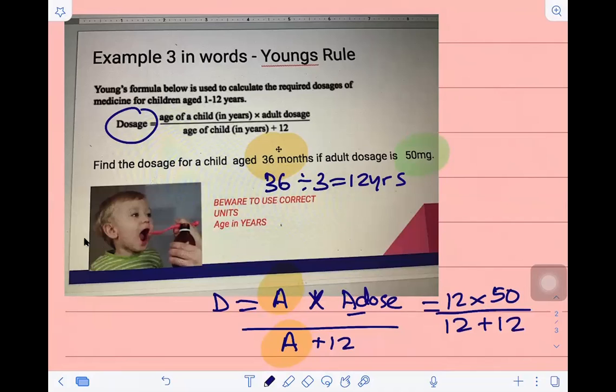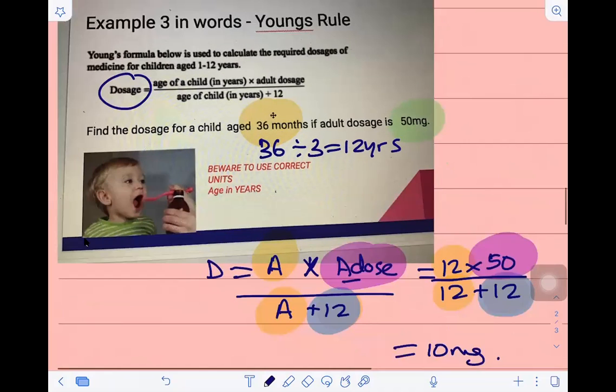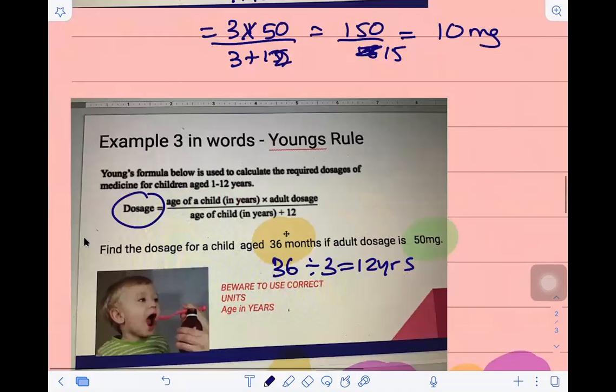See that 12 there. I might just mark that in a different colour. And the adult dose, which is the 50, put that in. You calculate it, and when you work that out, you get 10 milligrams. So that's Young's rule as well.